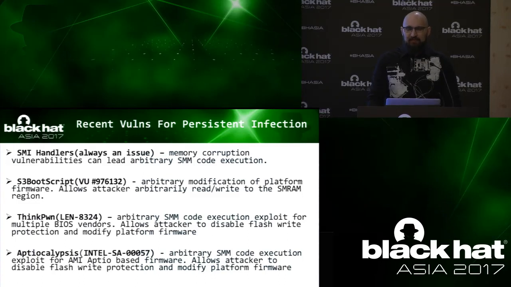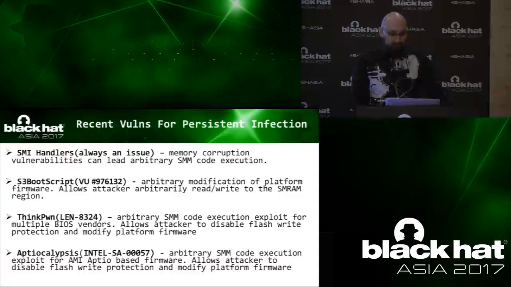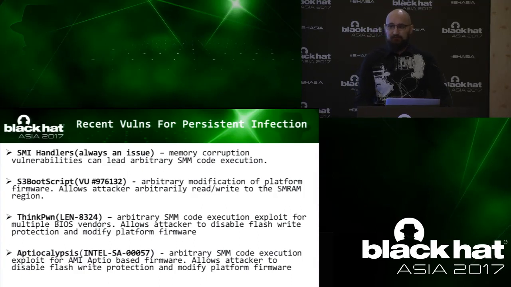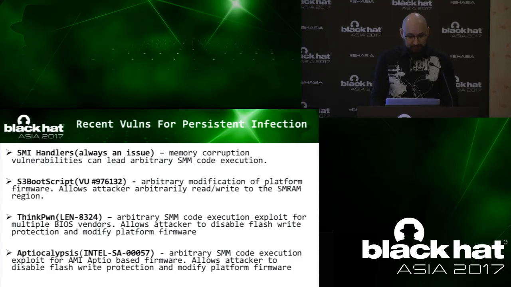I also want to pay attention to some recent issues, though some of them have been known for a year or so, that can be used for persistent rootkit or implant installation. SMI handlers are a pretty old technique for attacking the BIOS and have been known for years, but they are still in scope and can be very valuable if you think about how to attack the BIOS or find issues in this scope.